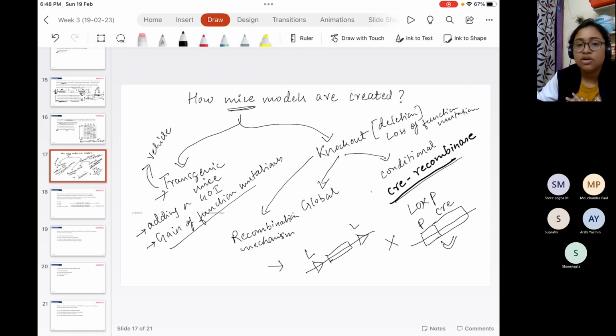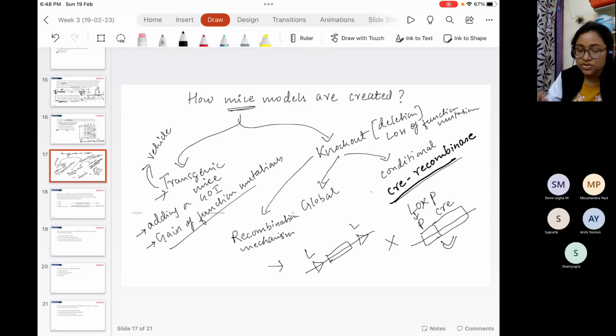This promoter you can choose to be a tissue-specific promoter, with a transcription factor which is only expressed in, say, heart tissue, and that transcription factor can only bind here. So you are also controlling where this Cre recombinase is supposed to express.